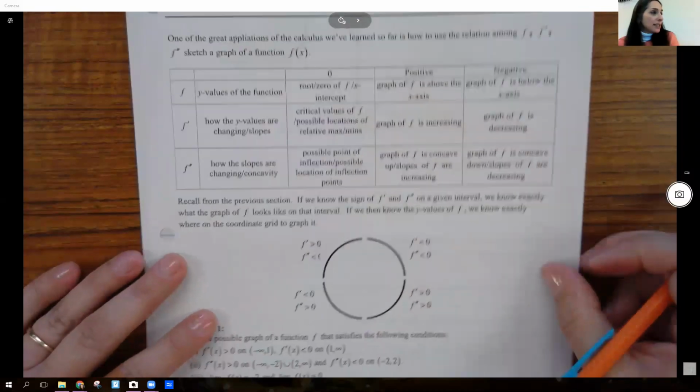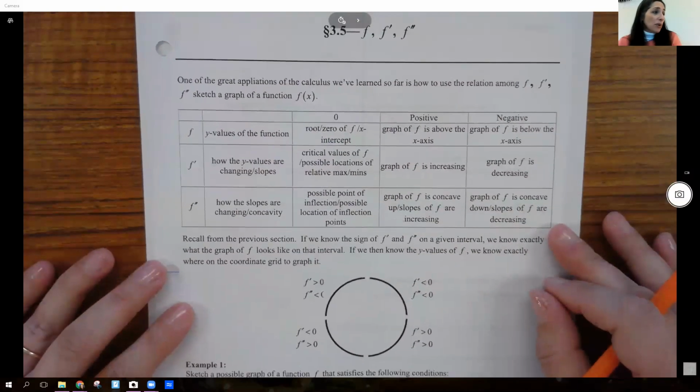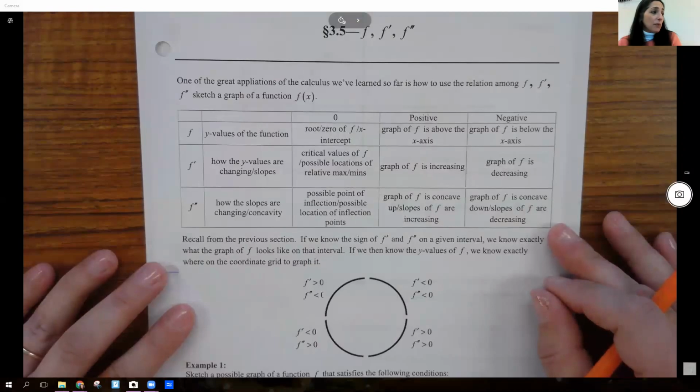Okay, so that was example 8, and I think that rounds up section 3.4. Holy moly, that was a long one, wasn't it? For section 3.5, it's really nice that you have this table.